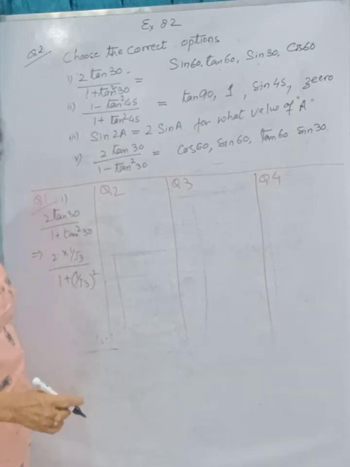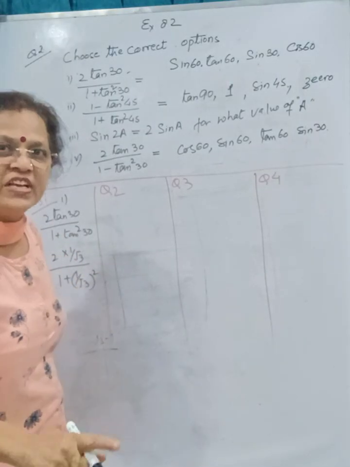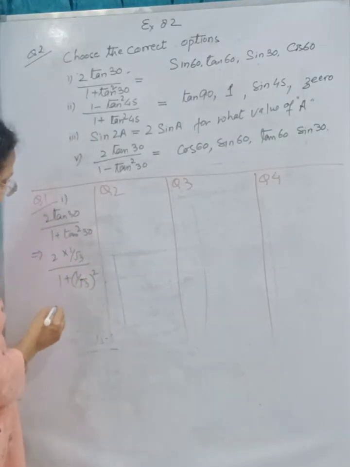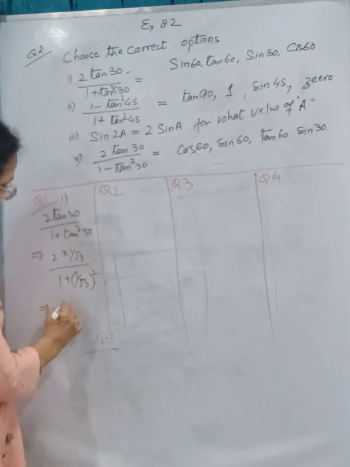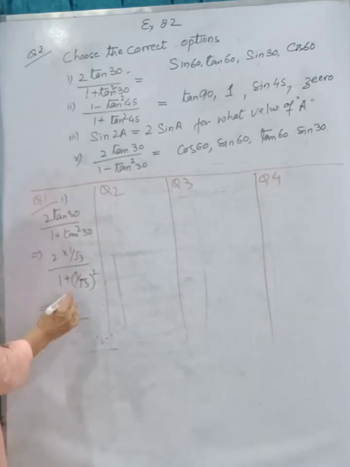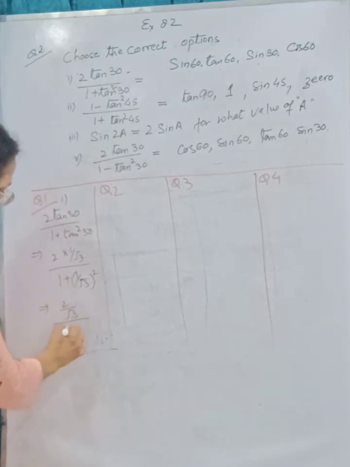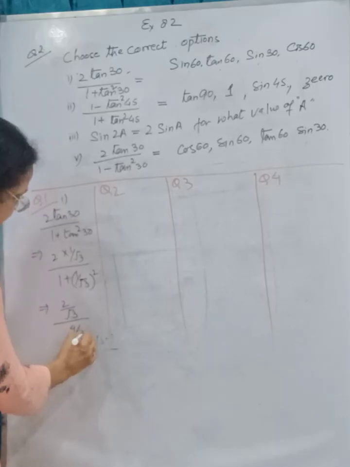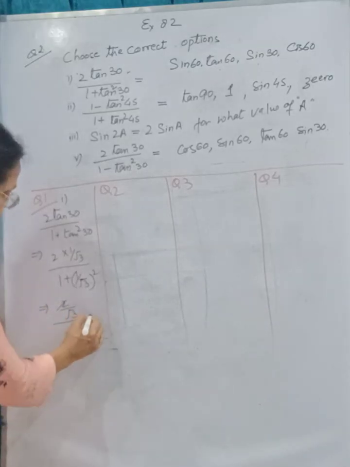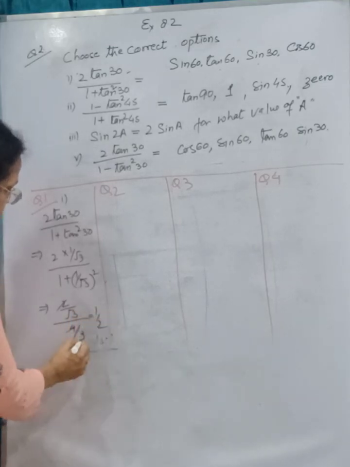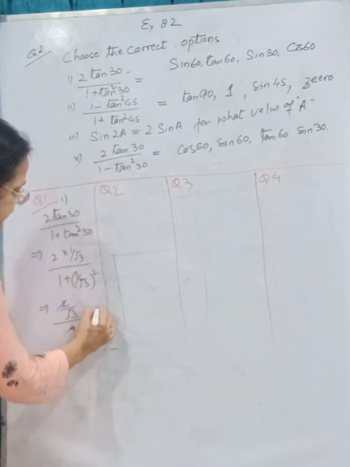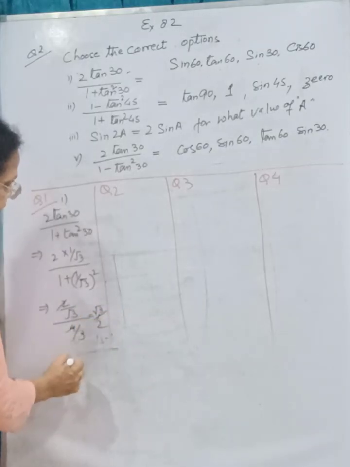This 1 upon root 3 whole square becomes 1 upon 3 itself, because the square of root 3 is equal to 3. So after solving, it will be 2 upon root 3 upon 3 plus 1, that is 4 upon 3. That 2 gets cancelled by these 2, we get 1 by 2, and root 3 is there. This 3 will go upward. The answer will be root 3 by 2.